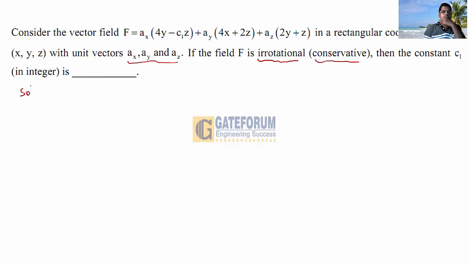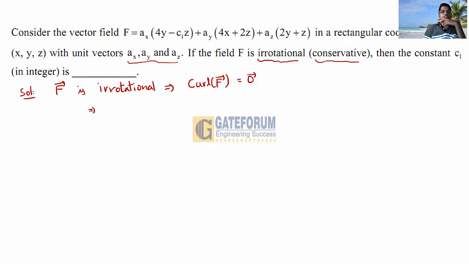Solution. F bar, the bold letter, sometimes instead of F bar they will write it differently, is irrotational. That is rotation free, which implies a conservative force field, that is also called curl F bar is equal to 0 bar.